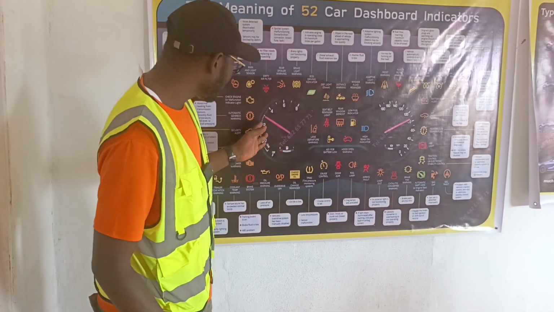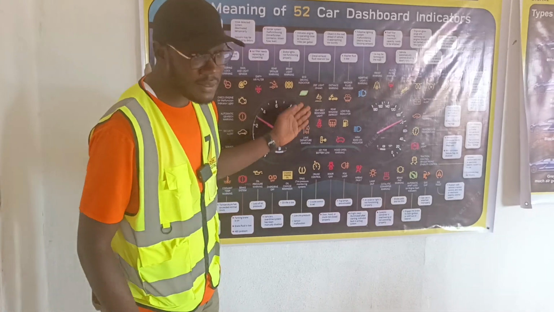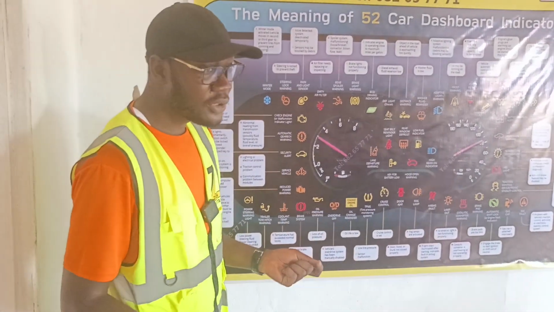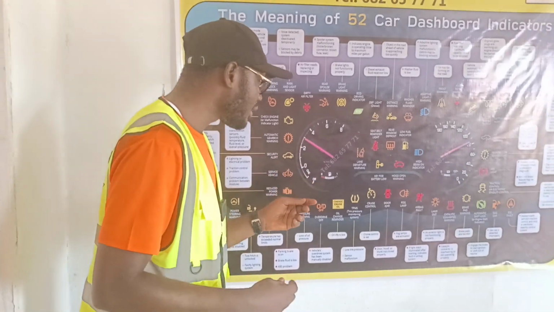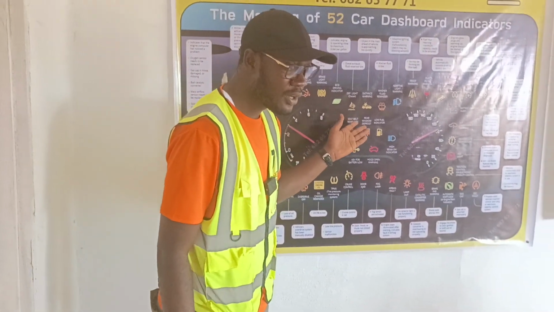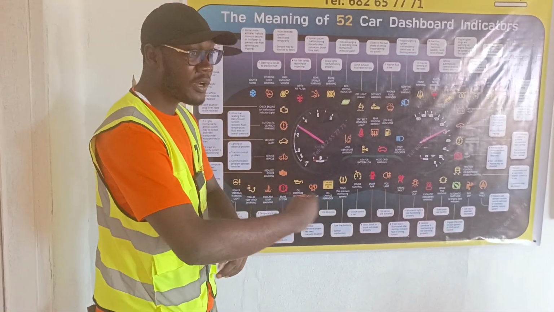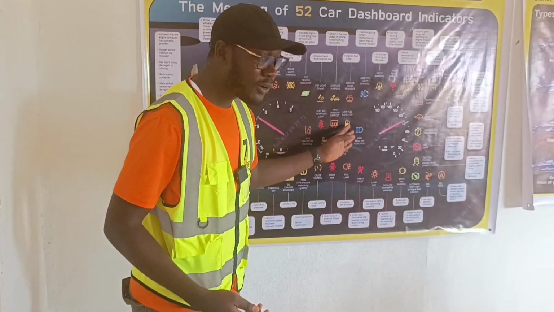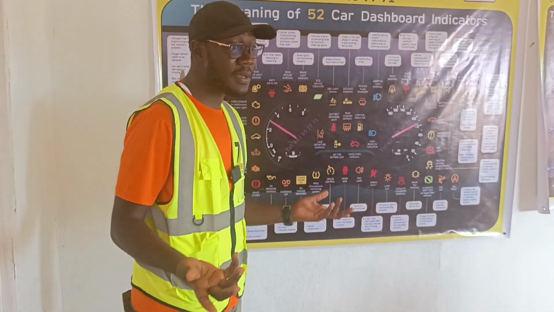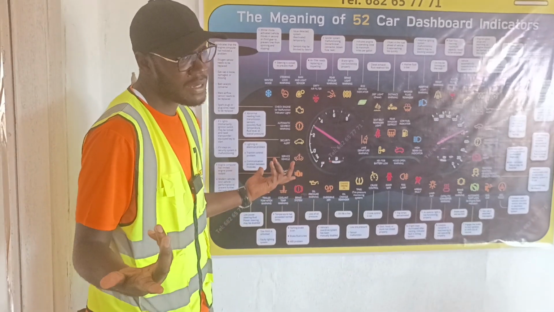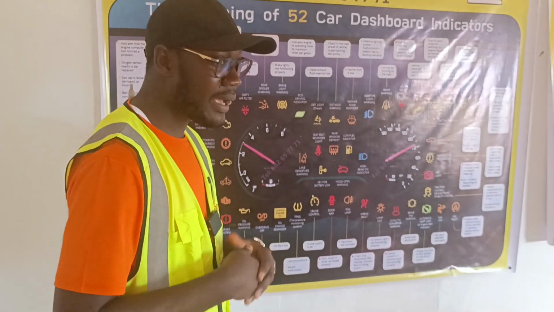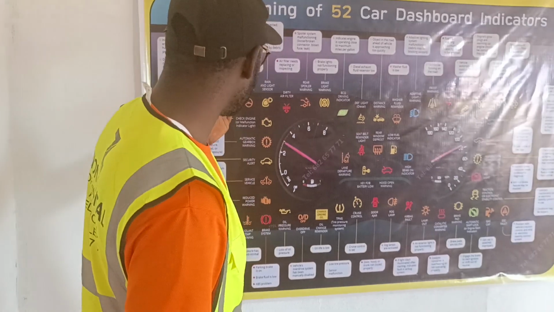So basically, you have the green ones. These green ones are informative. They are more of giving information, such as indicators, eco-system for electric vehicles or cars that are constructed to be environmentally friendly. For blue lights, it's also informative, just to indicate that maybe the light is on, or any more information like cruise control, winter mode.